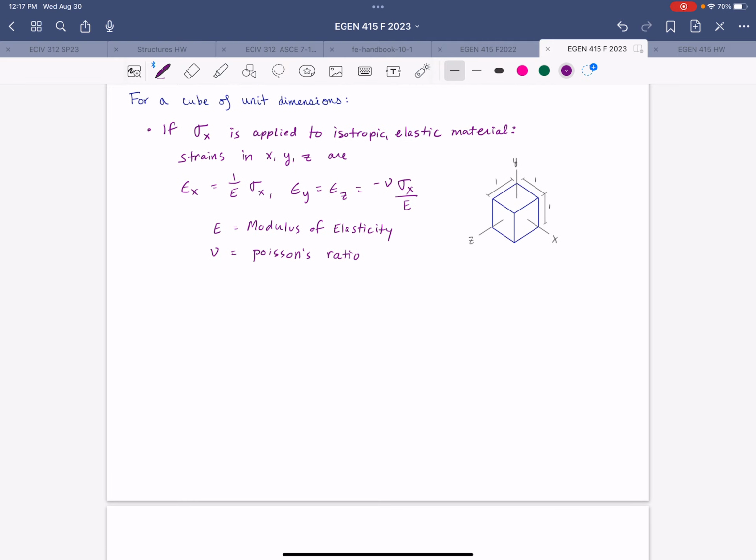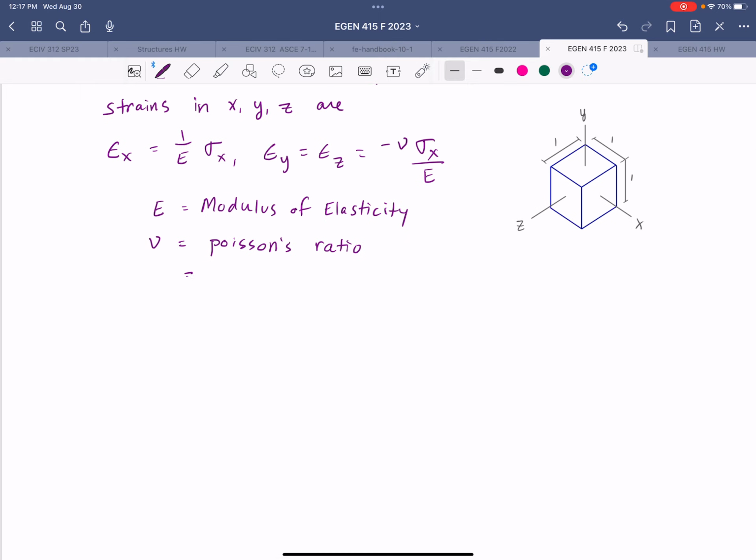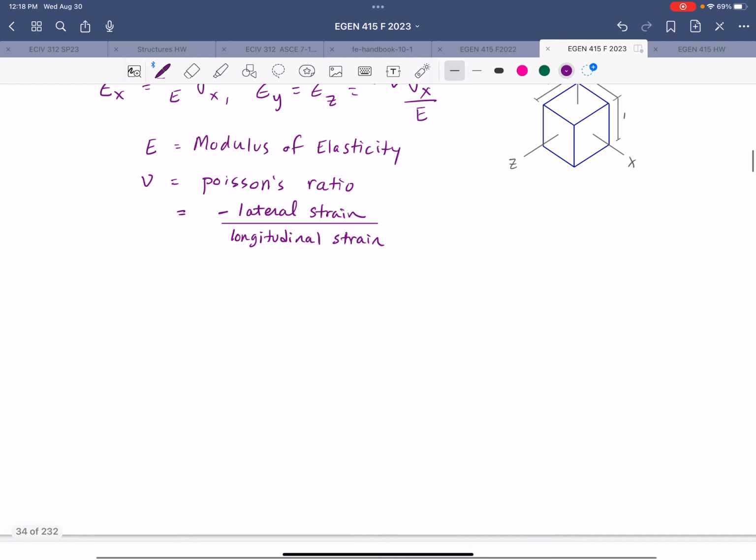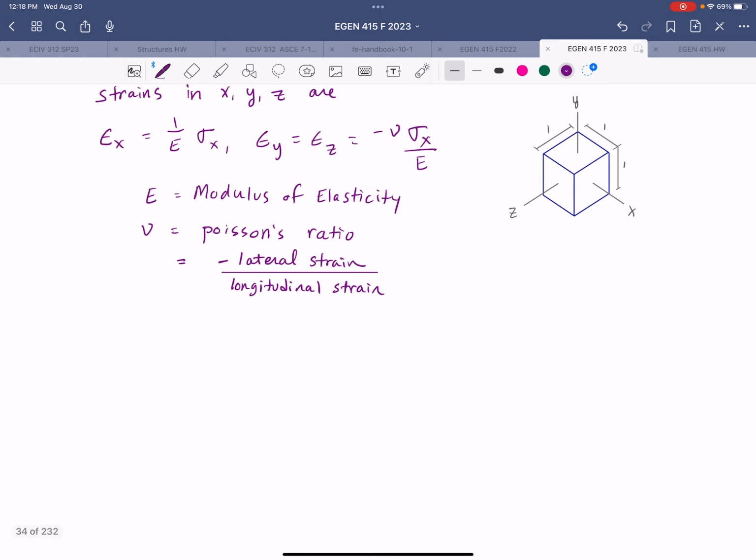If you recall, the formula for Poisson's ratio is the ratio of the lateral strain over the longitudinal strain, but negative. That should all look familiar.